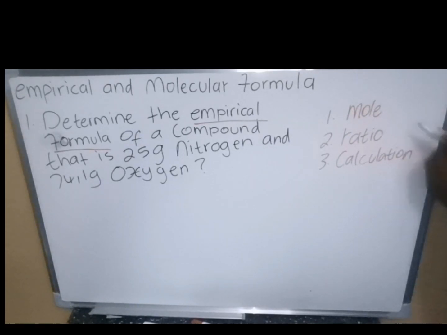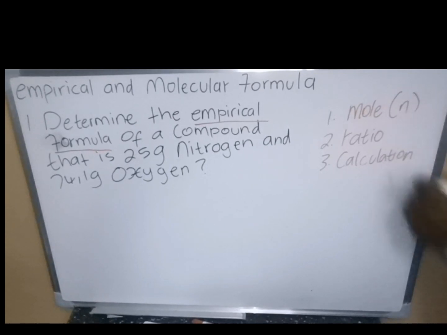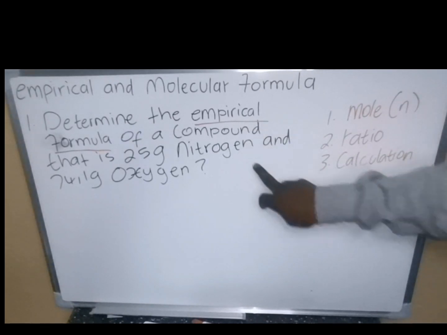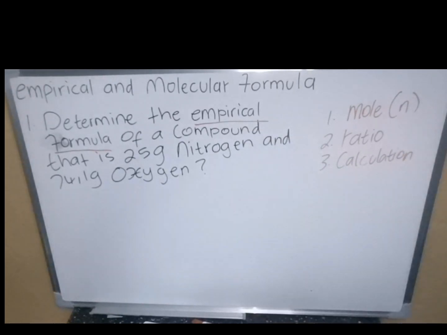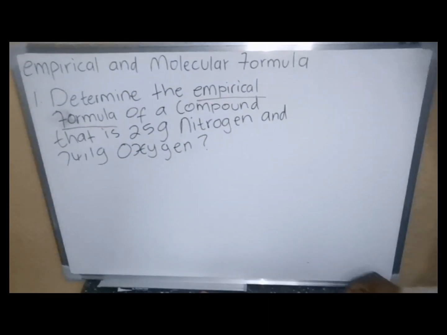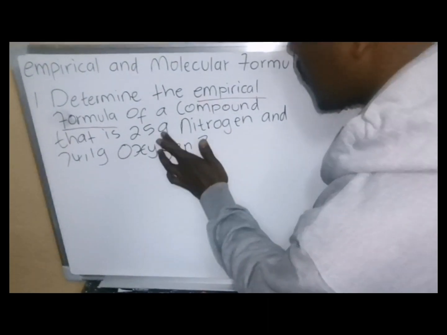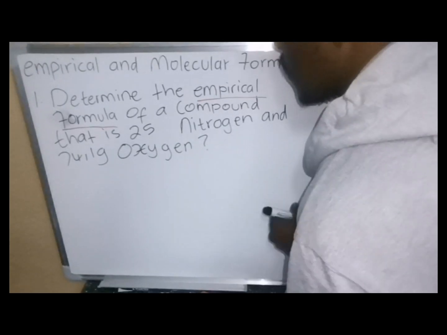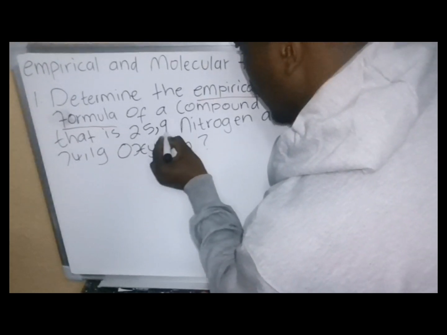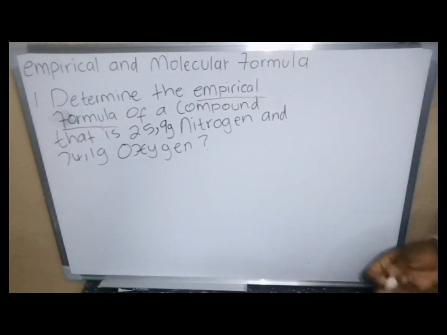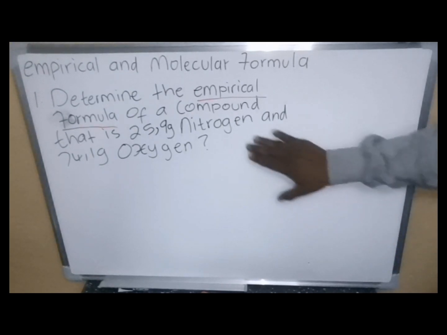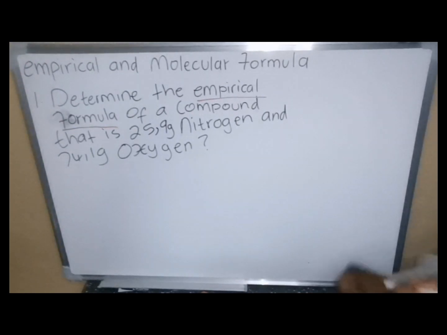Number 1, determine the number of moles, n, for these 2 atoms, nitrogen and oxygen. Here it is 25.9 gram. Yes, not 25, it's 25.9 gram. It's a mistake.